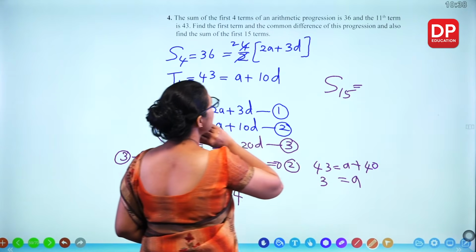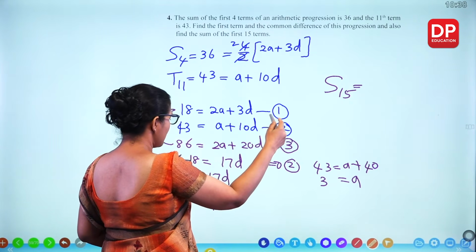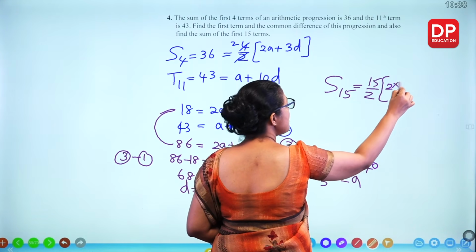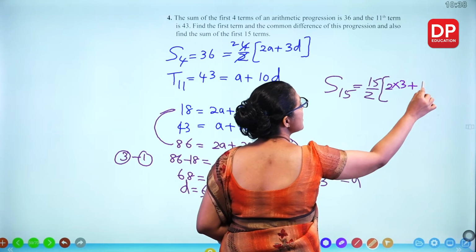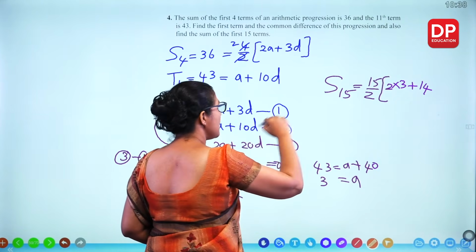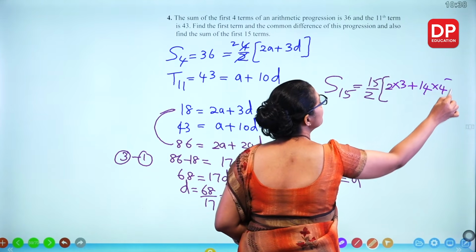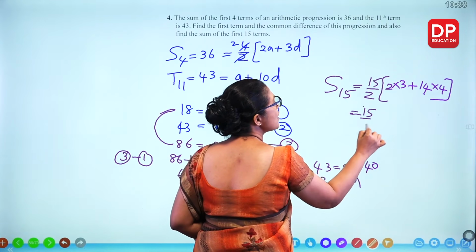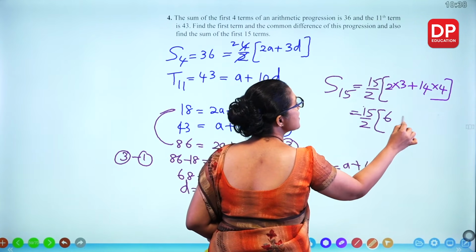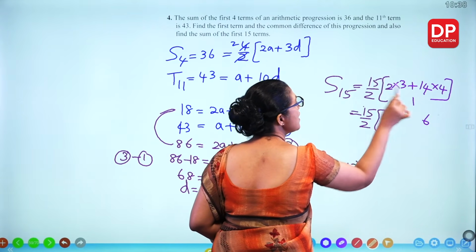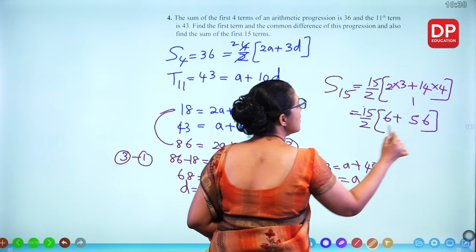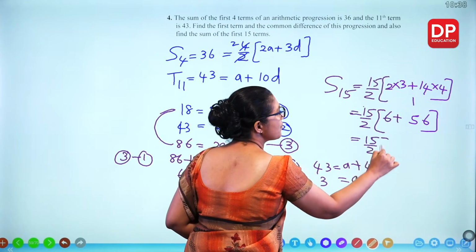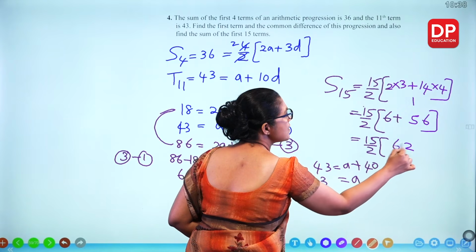S15. So use the second formula. 15 divided by 2. 2 times a plus n minus 1, that's 14 d. d equals 4. Simplify. 15 divided by 2. 2 times 3, 6. 4 times 14, 56. 6 plus 56, 62.